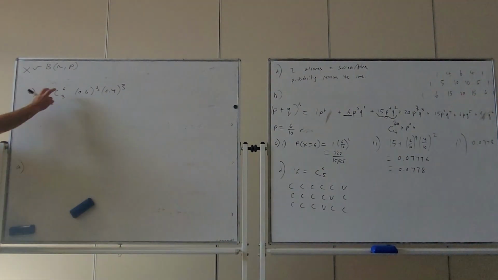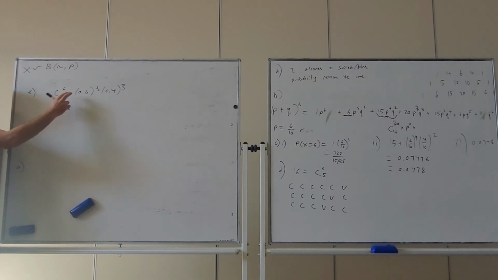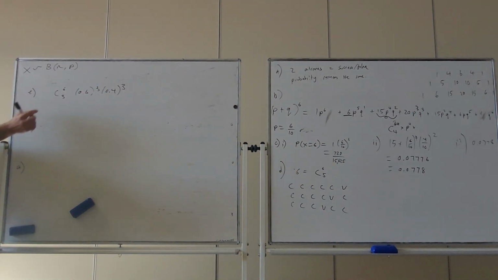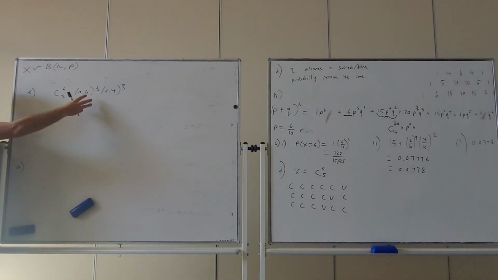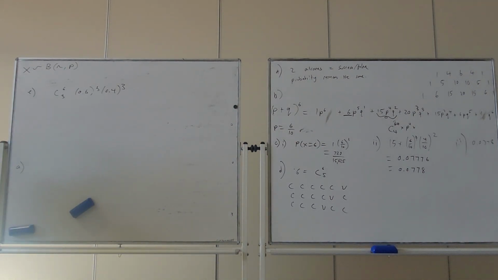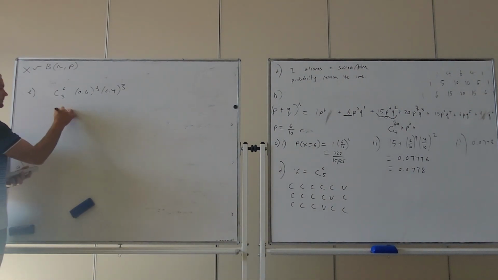What's this? Number of trials, number of successes, probability of success to the number of successes. So we can already anticipate what it is. This is when there's 3 successes and 3 failures. Let's calculate that quickly. Got 0.2764.